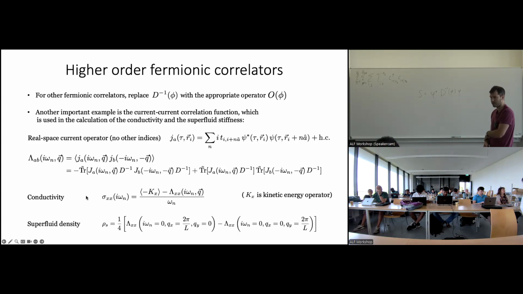If you're looking at the conductivity in the x direction at some finite frequency, then, sorry, this should be q equals 0. Yeah, sorry about that. So this is basically this current correlation function computed, with some kinetic energy operator as well. So this is some one-body part. But the point is that in order to know the conductivity, you need to compute this object.